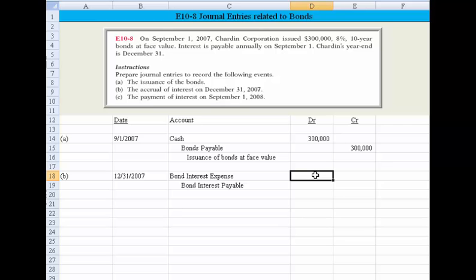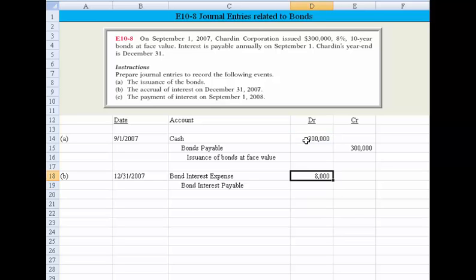Alright, so how do we come up with the bond interest expense? I'm going to put the formula right in cell D18 so you can watch how we calculate this. We would take the bond principal, the 300,000, times the stated rate of the bonds, 8%, and then we need to take it for 4 months, or 4/12.